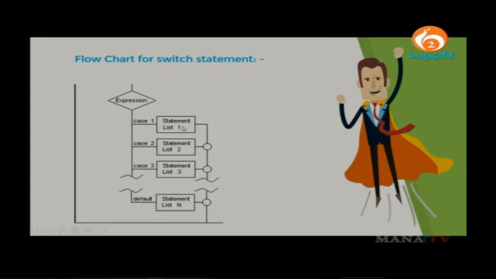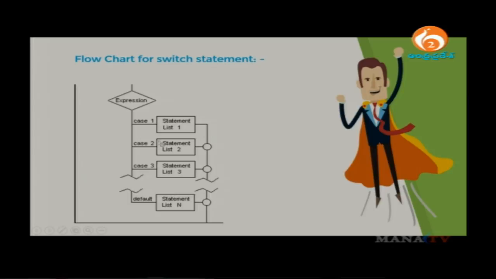Imagine that your case 1 is wrong, then your control goes to case 2, executing the statements presented under case 2. Then it directly goes to the end of the switch and executes the statements presented there. I mean to say that if case 1 is wrong, it goes to case 2.